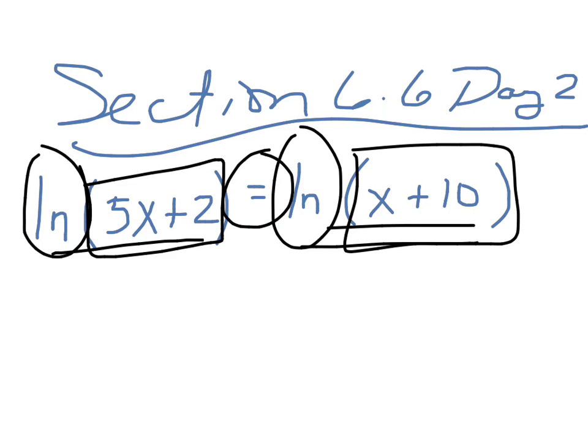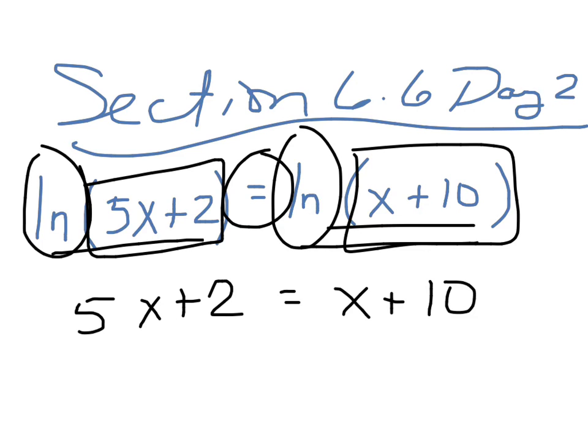Does this match this? Well, that's what we're going to set equal to each other. If you want to get rid of the ln, if you e both sides, all you get is 5x plus 2 equals x plus 10. The equal sign is pretty powerful. As long as the bases are the same, then the other stuff should be equal to each other. Okay.